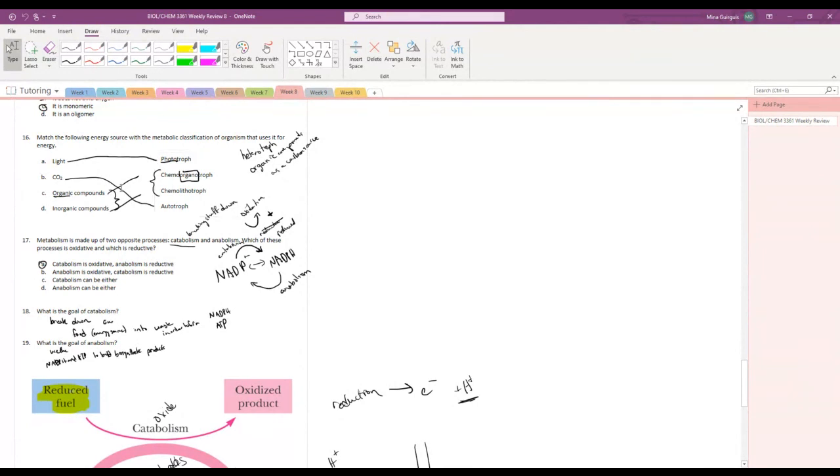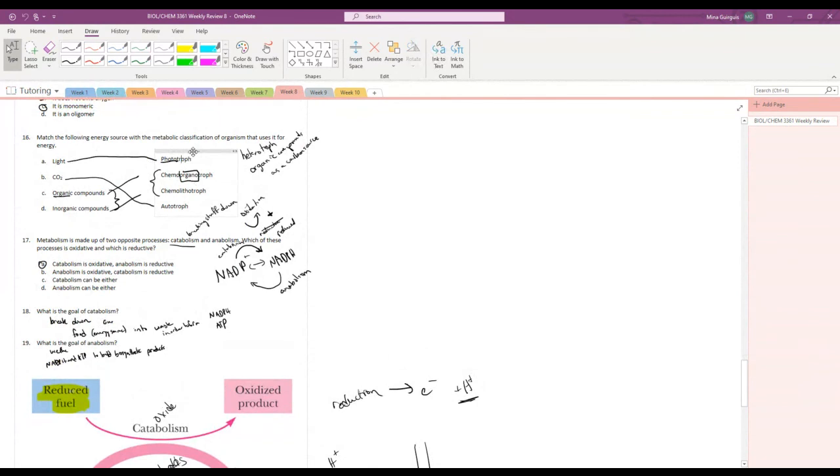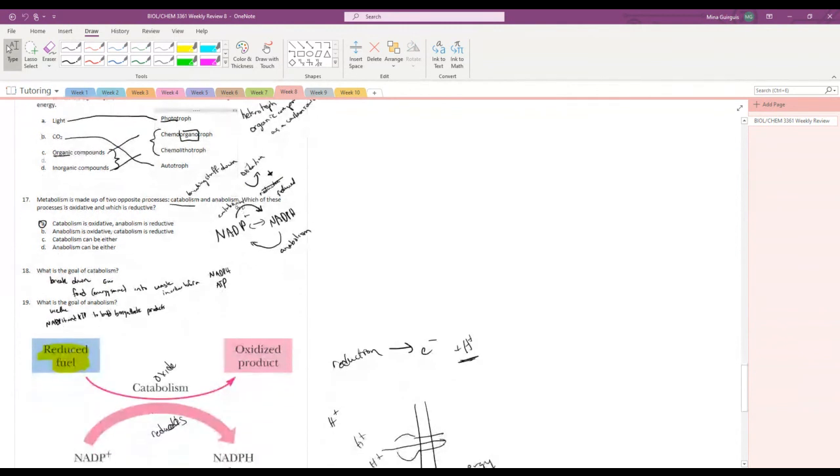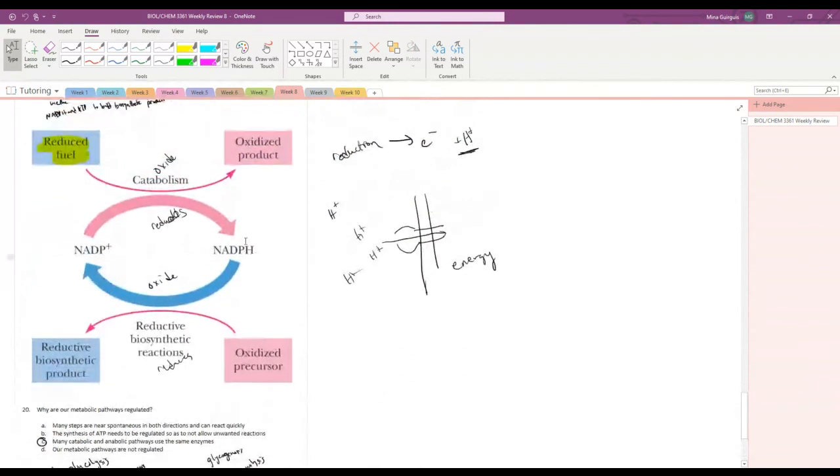So Chapter 17, the basic difference between catabolism and anabolism. These definitions that nobody wants to learn about phototroph, autotroph, chemotroph, and then the 2 specific ones within chemotroph, and this idea of metabolic pathways being regulated because they're using a lot of similar enzymes.